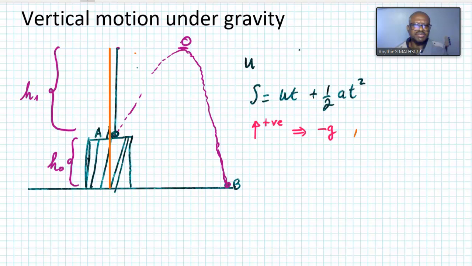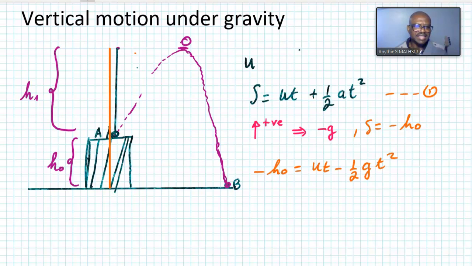And from the question, we know that x is now negative h0. What we have to do is make substitution into the equation. If we do, we're going to have negative h0 equal to ut minus half gt squared.